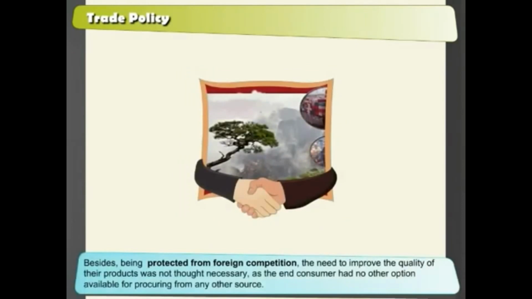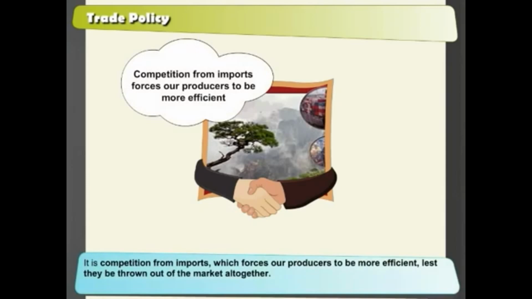Besides being protected from foreign competition, the need to improve the quality of their products was not thought necessary, as the end consumer had no other option available for procuring from any other source. It is competition from imports which forces our producers to be more efficient, lest they be thrown out of the market altogether.